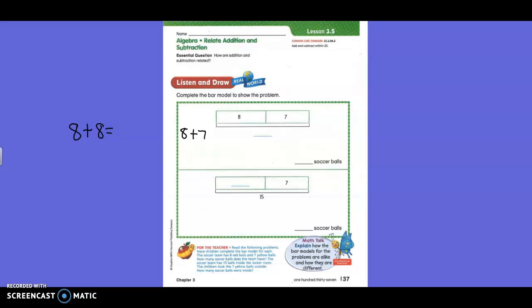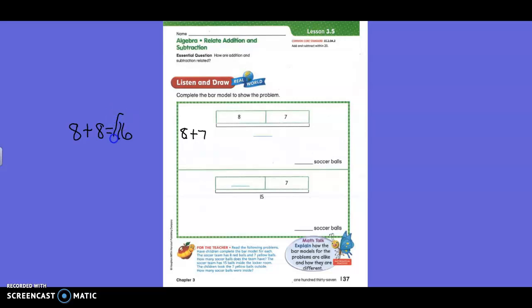Okay, what is 8 plus 8, Matthias? I thought you said you knew that one. Yes, 16. Okay, now, we can do 8 plus 8 equals 16, but our problem is not 8 plus 8, is it? It's 8 plus 7. 7 is what to 8? Is it 1 less or 1 more than 8? Grayson? It's 1 less.